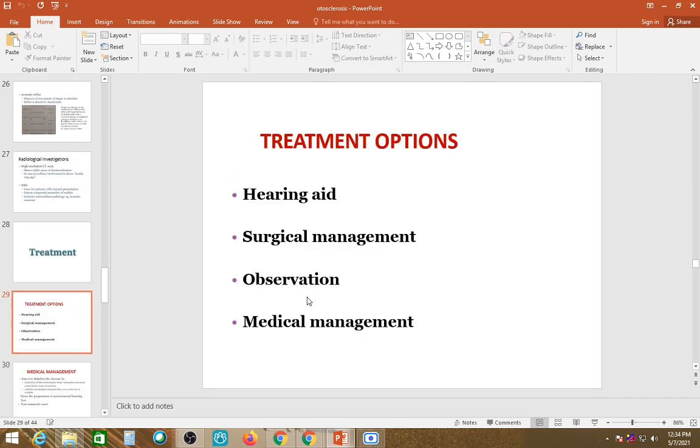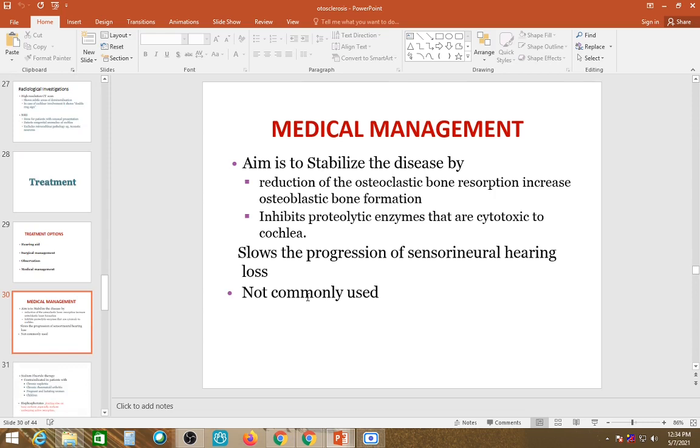Now comes the treatment. The treatment modalities are hearing aid, surgical management, observation or medical management. Based on the patient's condition, we have to decide. Medical management: what is our aim? The aim is to stabilize the disease by reducing osteoclastic bone resorption and increasing osteoblastic bone formation.